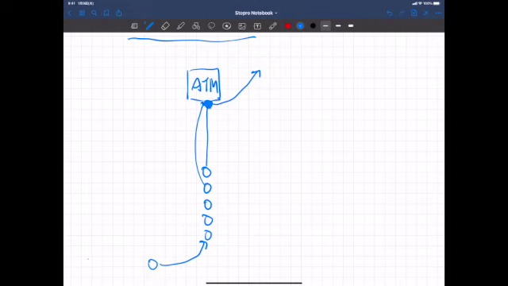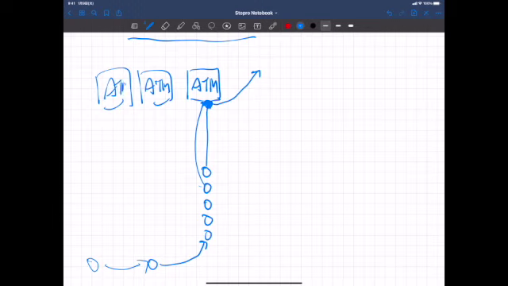And the new customers keep coming. So that's basically the queue. And there are many variants, like there can be multiple ATMs here. So as long as one ATM is empty, a customer can be served at the same time in parallel.